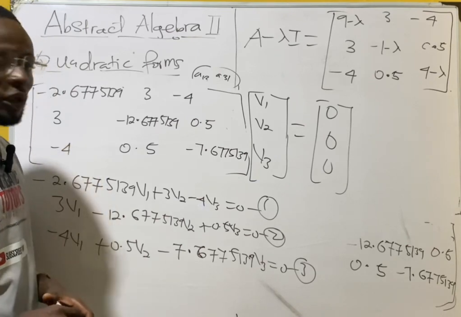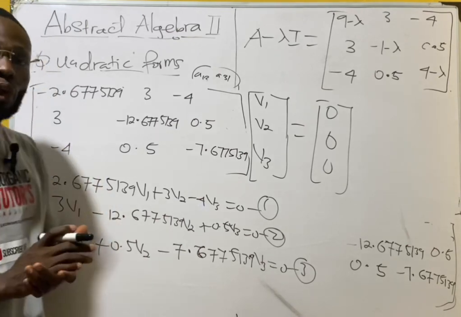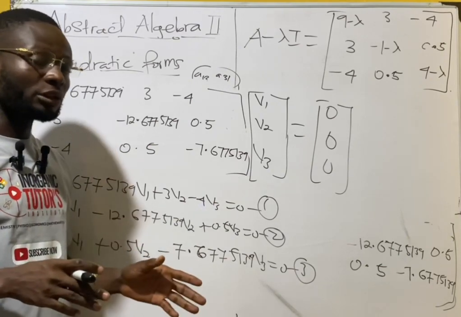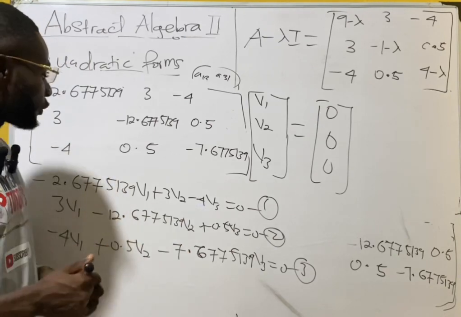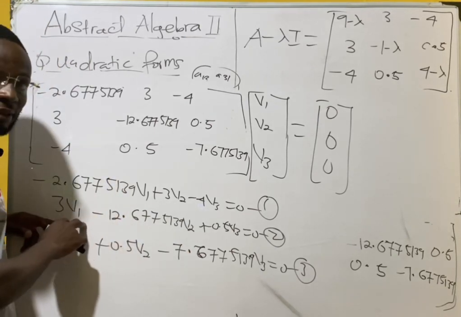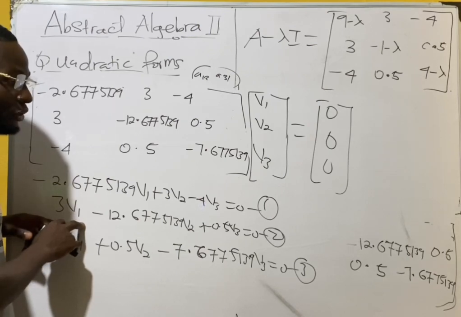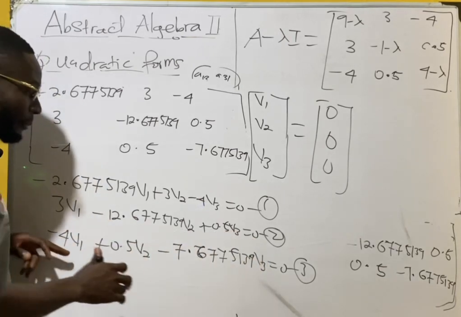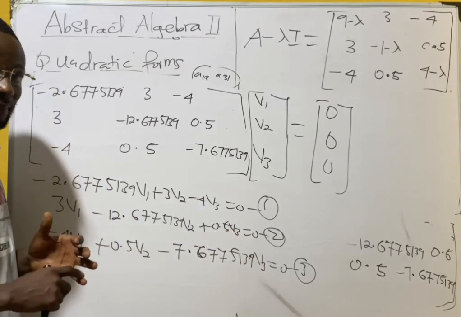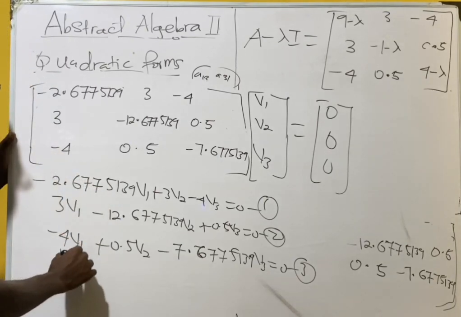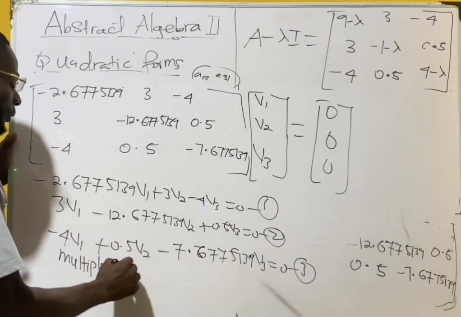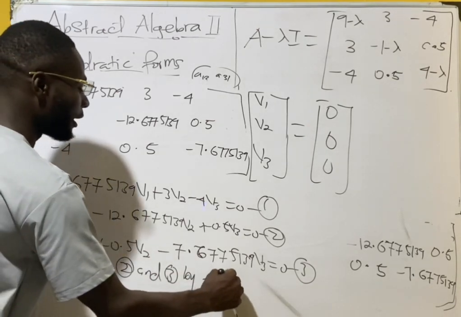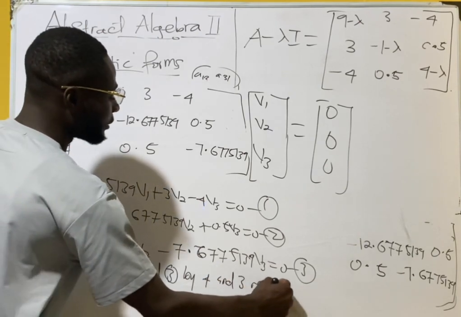and V3. But what we have to do is try to use either the substitution or elimination method, okay? So we're going to use the elimination method in here, right? So what we are going to do is multiply equation 2 and equation 3 by 4 and 3 respectively, right?